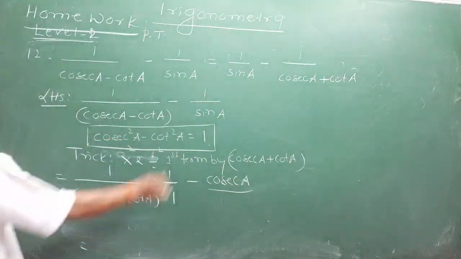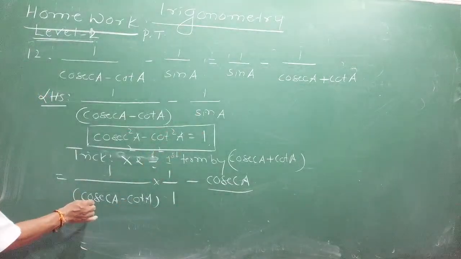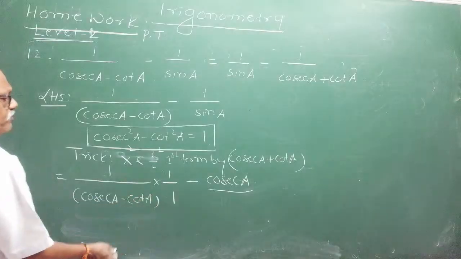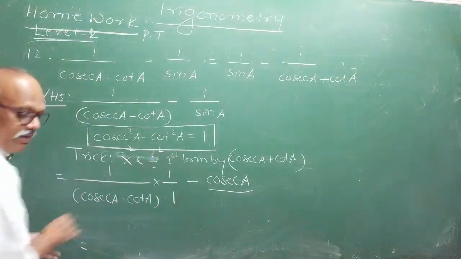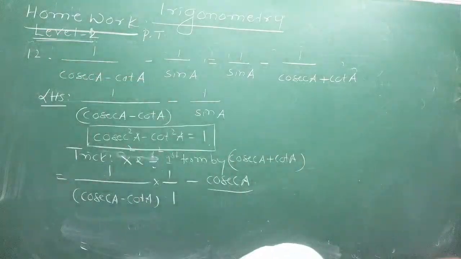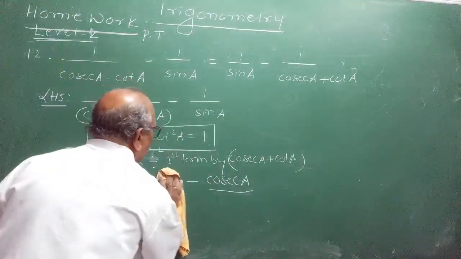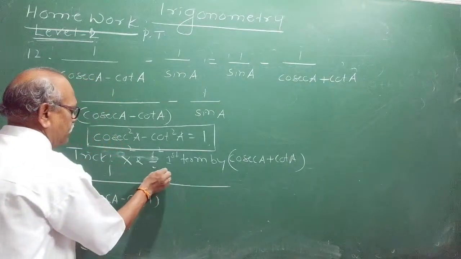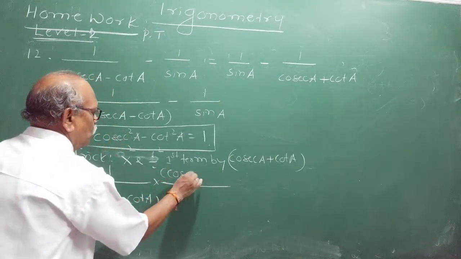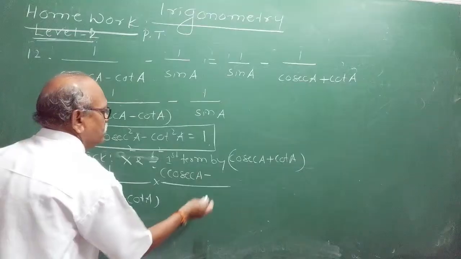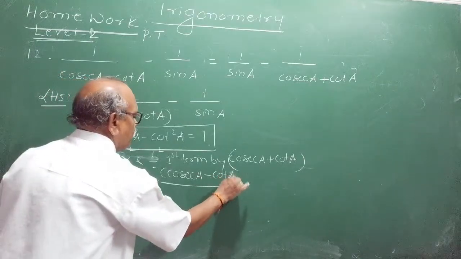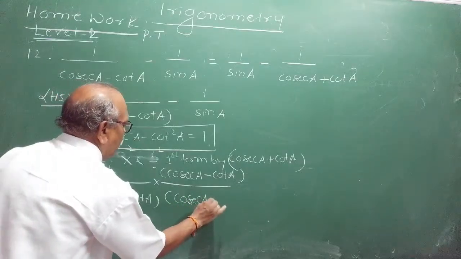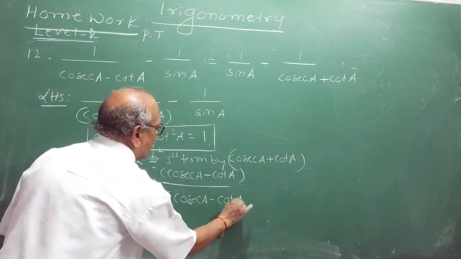I have eliminated the denominator. I want to eliminate this also. 1 by 1 will be the same. Here I multiply and divide by cosec A minus cot A, so that the 1 by 1 will not be disturbed. That is, you can write it as, in the numerator, cosec A minus cot A divided by cosec A minus cot A. This is called an arrangement skill.